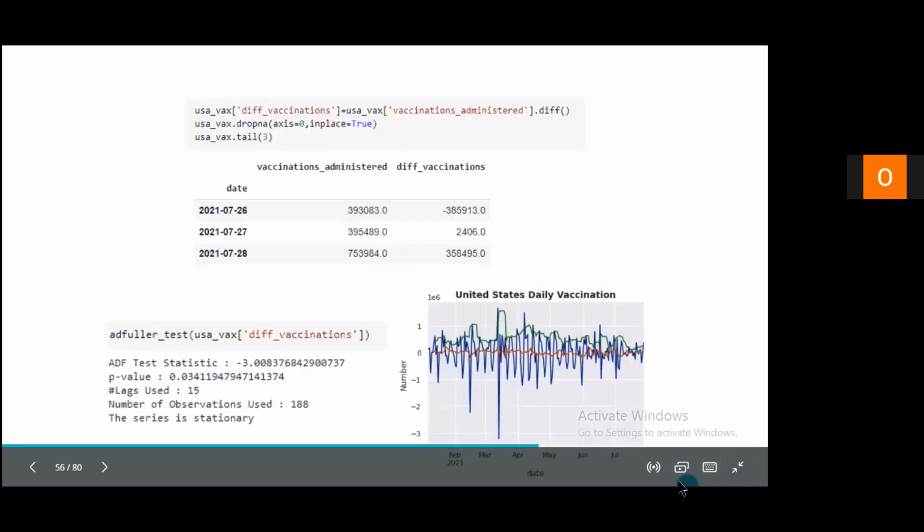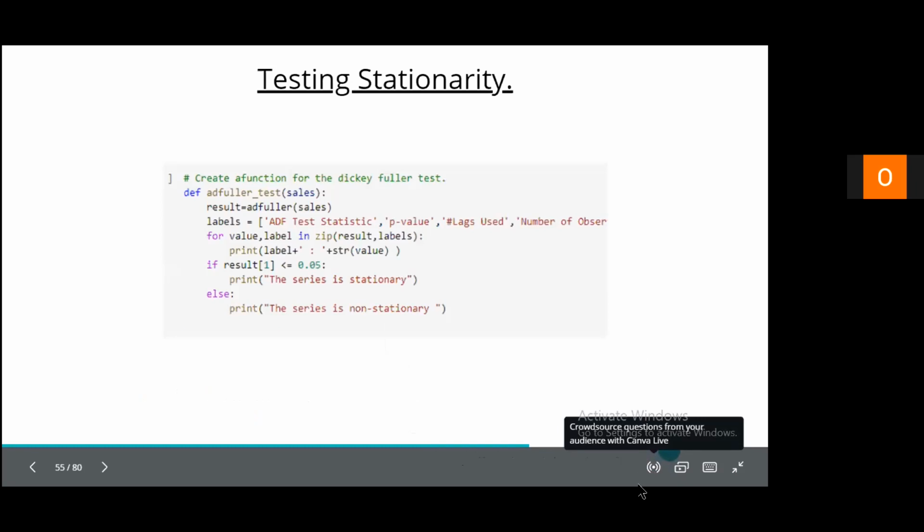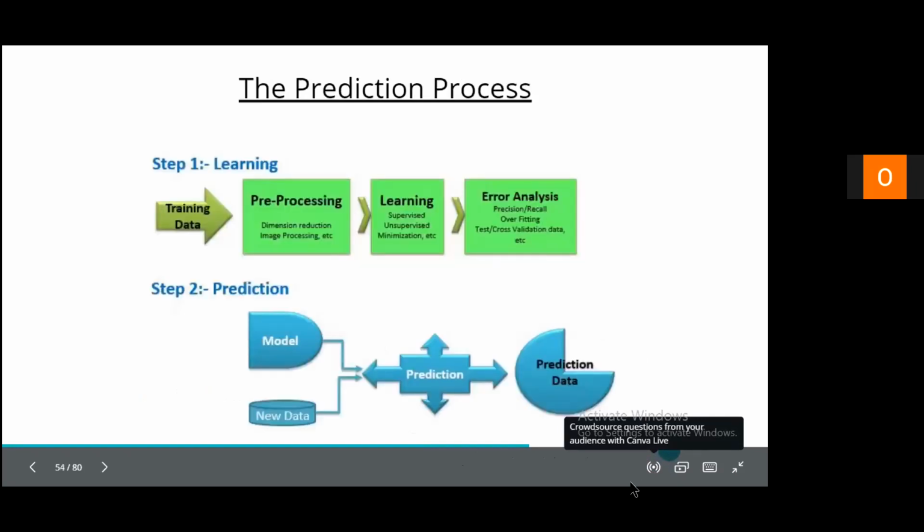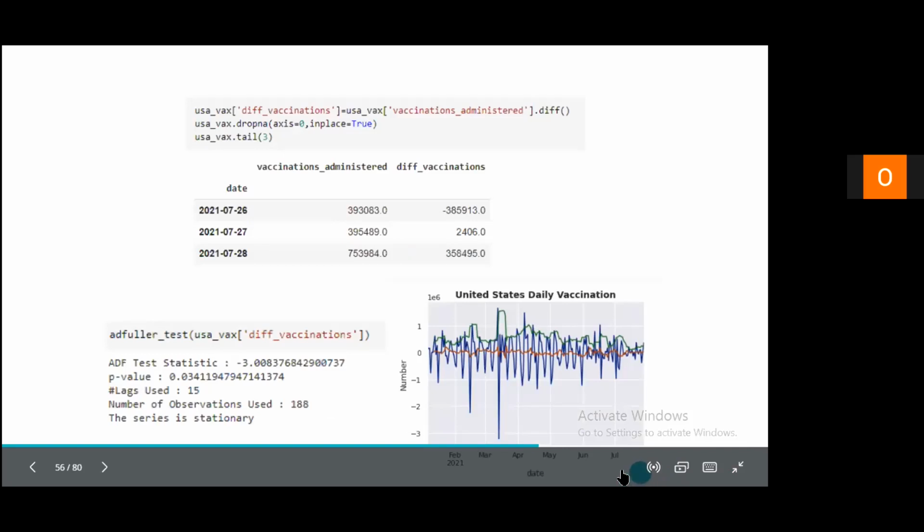We ran the function again, and we found that our data now is stationary. As you can see on this graph, early on we had a trend that was going up and down, but now our data is constant. We can now use it. This is one of the steps in pre-processing our data.